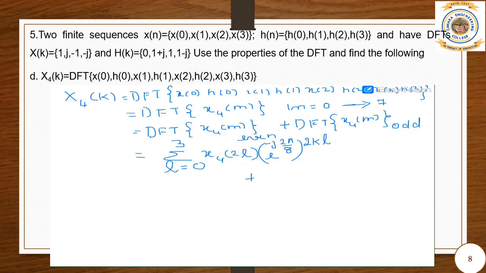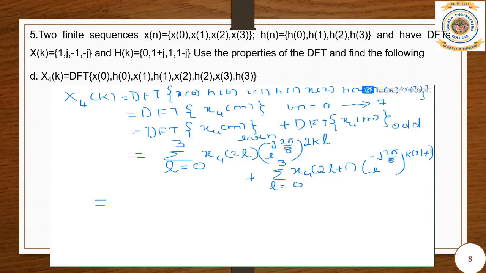In the other case, L value varying from 0 to 3, x4 of 2l plus 1 e to the power minus j 2 pi by 8 k into 2l plus 1. Let me try to expand this.